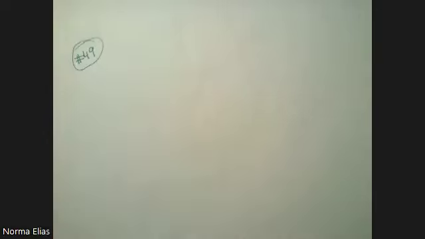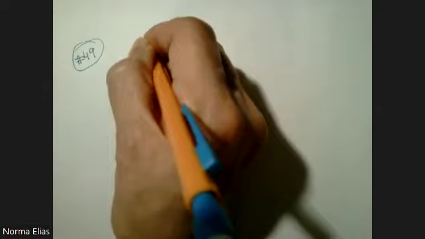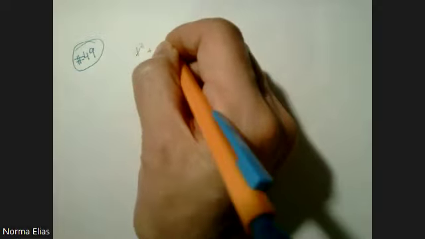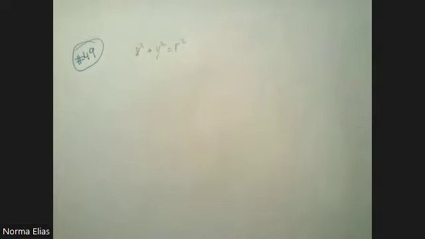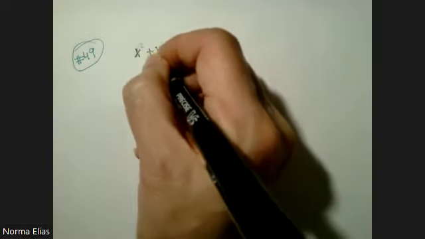Okay, so let's look at number 49. Did I assign 49? Seems so. All right, let R be the region bounded by the upper half of the circle. So we have the following circle, x squared plus y squared equals r squared. That's a general equation of a circle that I mentioned last time, and you should internalize this equation.